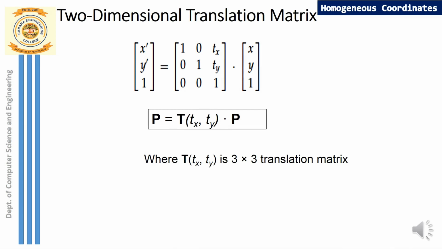To begin with, we have here the two-dimensional translational matrix. That's the first type of transformation we have.